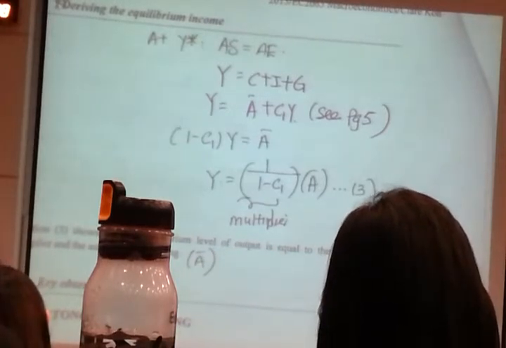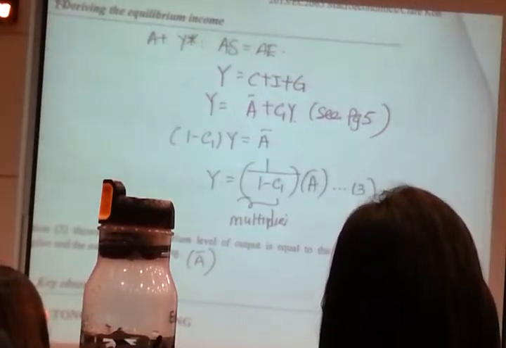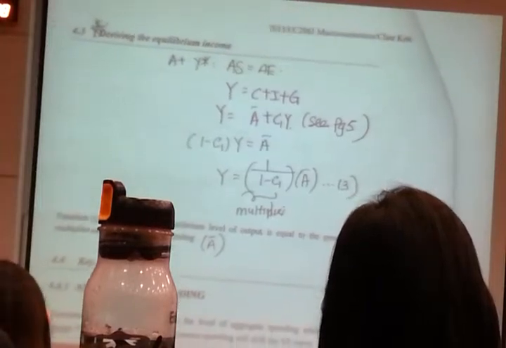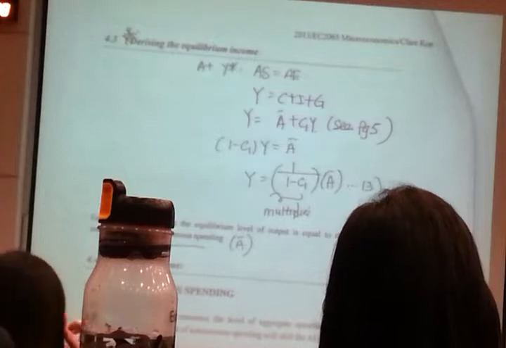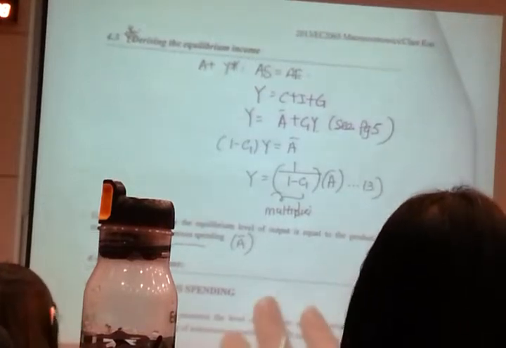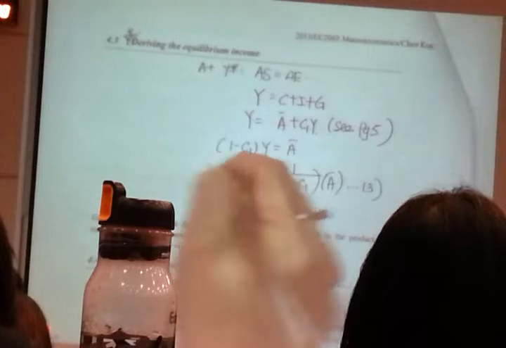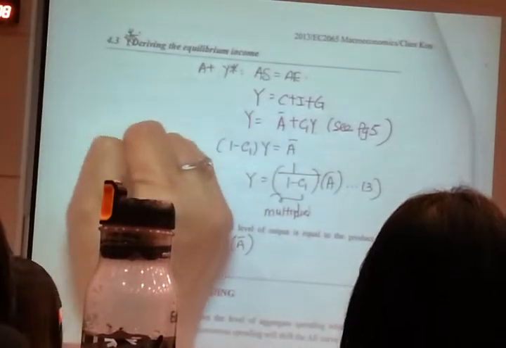So we are not interested to know all the points of intersection. We are interested to see how much income grows. So from equation 3, you continue and you put a note here.